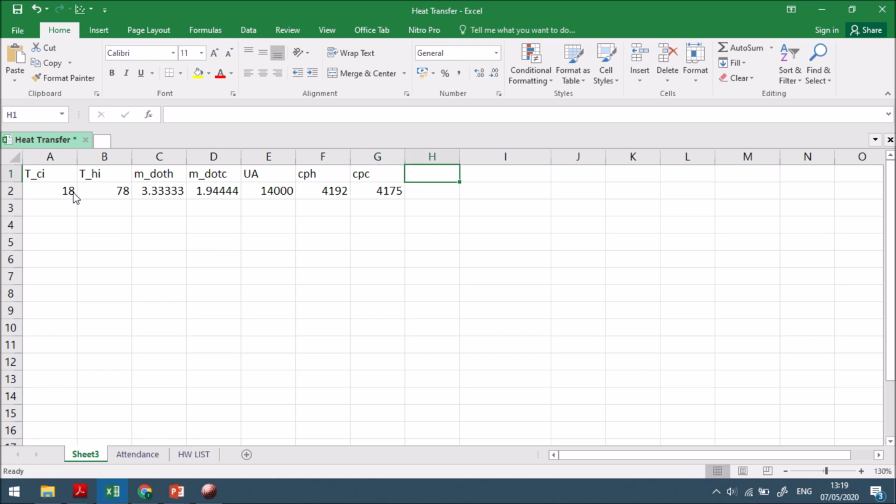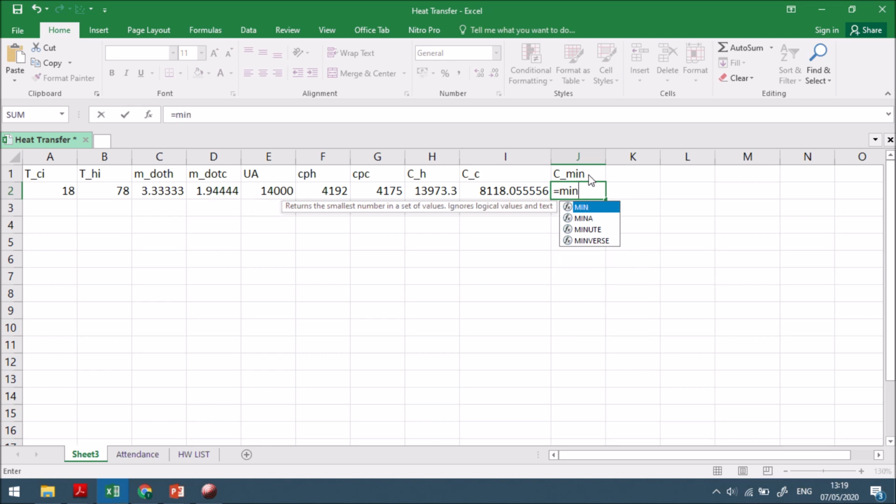From here I can find C hot, which is equal to Cp hot times m dot hot, and C cold, which is equal to Cp cold times m dot cold. The minimum of these two values will be C minimum.